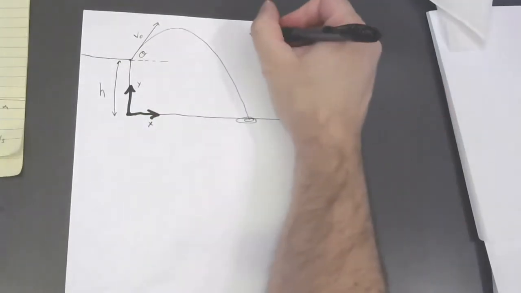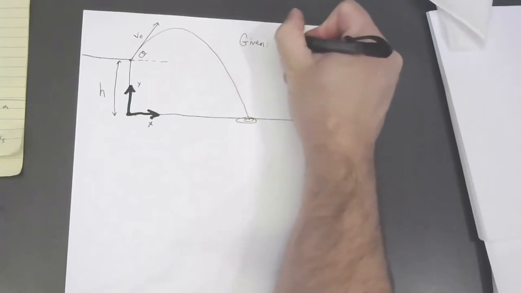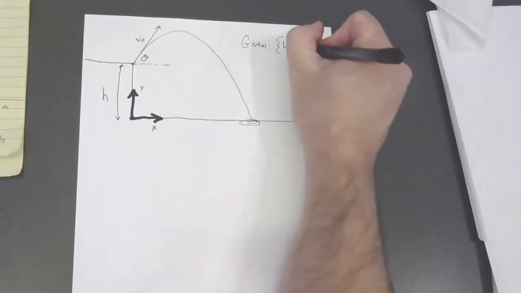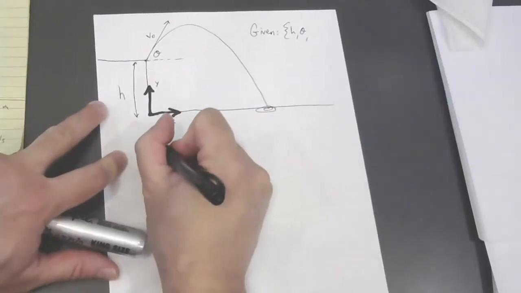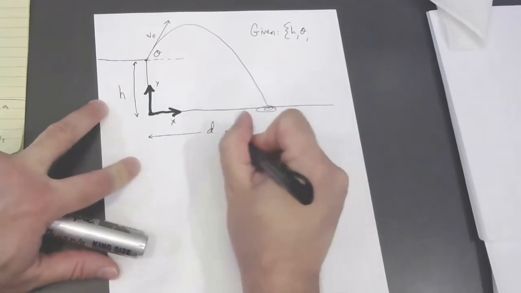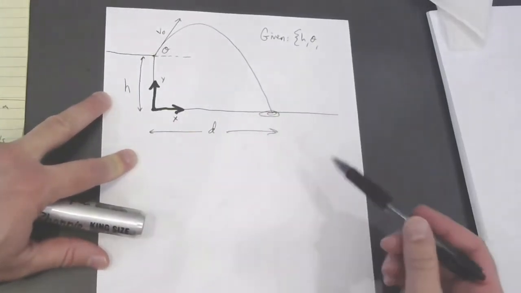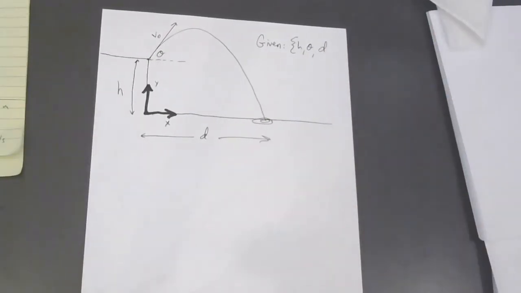And over here I'll say given: well, we know the height h, we know the angle theta, and I forgot to label, let's go with d for the distance from the base of the pedestal to the target, and that has already been fixed. The way I've written the problem right now, it's already been fixed.